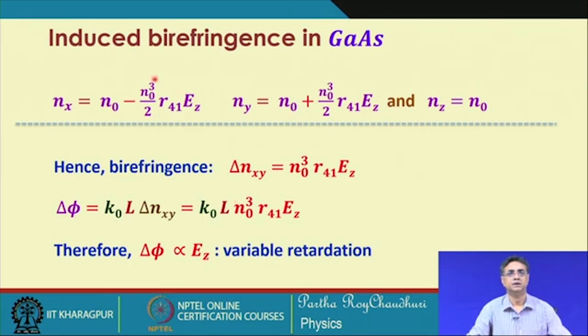So, let us recall that in the case of an isotropic medium like gallium arsenide, in the new principal axis system, the refractive index Nx can be written in this form with the original refractive index N0 minus this quantity, which is a function of the applied electric field along z direction, and in a similar way the refractive index seen by the y polarized light will be this, and for Nz there is no change.